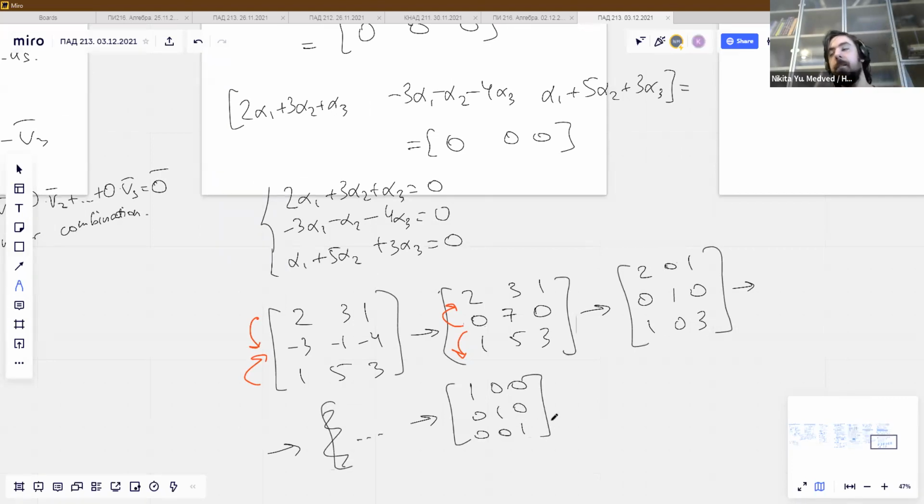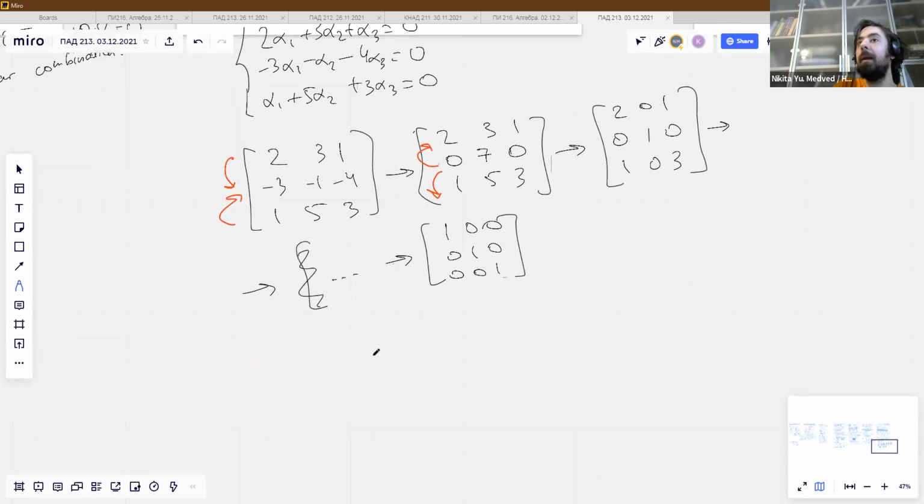So what does this matrix tell me? It tells me that the system is equivalent to the system alpha 1 equals 0, alpha 2 equals 0, alpha 3 equals 0. Which means that the solution exists, but only one solution, the trivial solution.